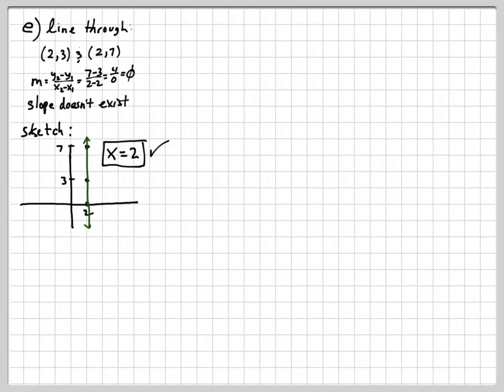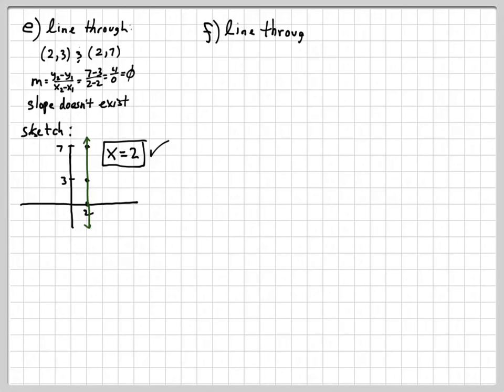And that is the point positive 2 on the x-axis. So the equation is x equal 2, and that's it. And all vertical lines are going to be in that form, x equal a number. And once again, that number will be the one on the x-axis that the line goes through.